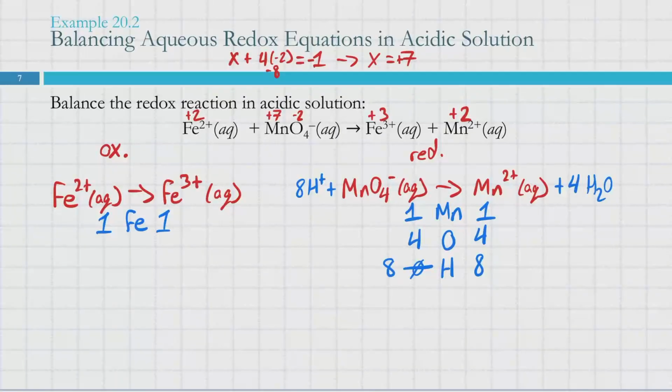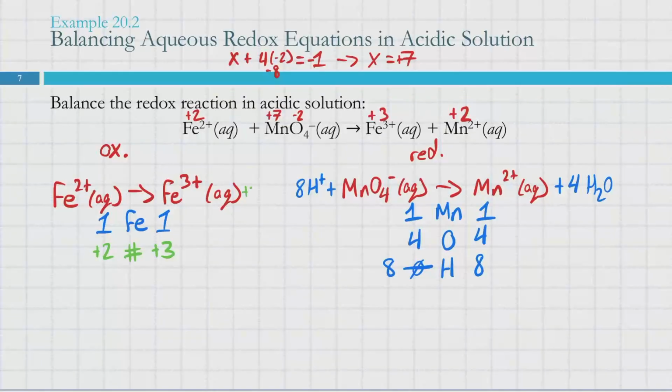Now we need to balance for charge. So balancing for charge, we'll do our oxidation half reaction first. Our charge on the left side is +2. Our charge on the right side is +3. To get our +2 and our +3 to have the same number, we need to add electrons.